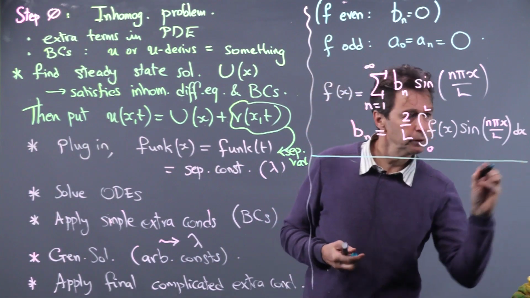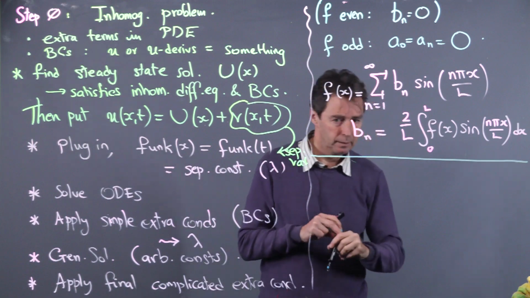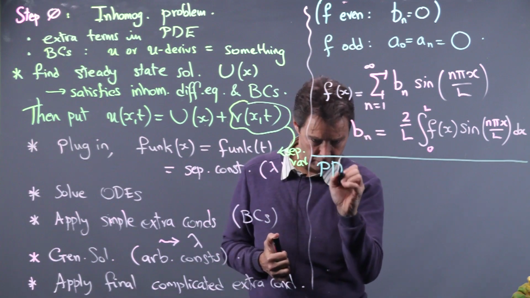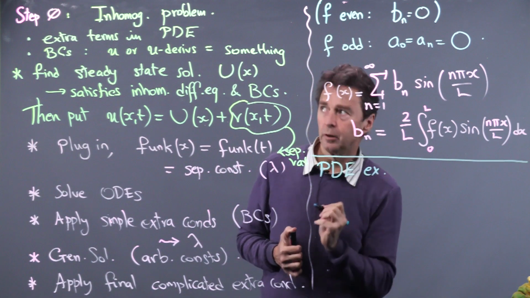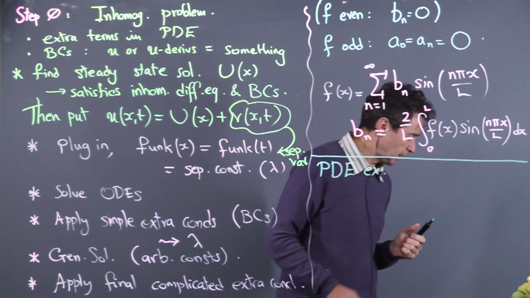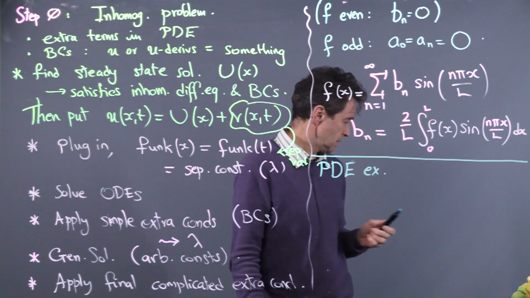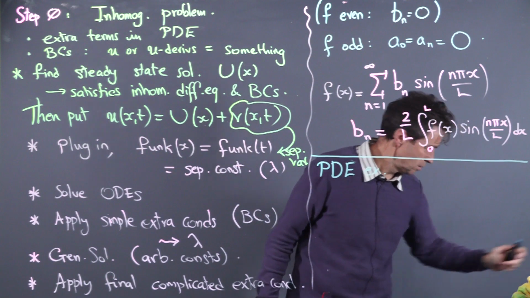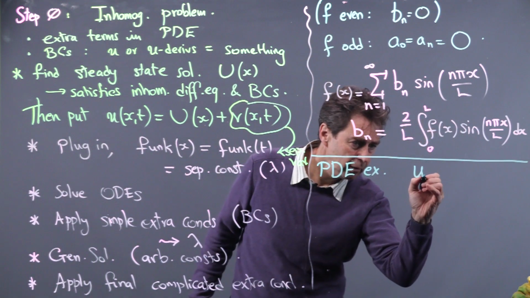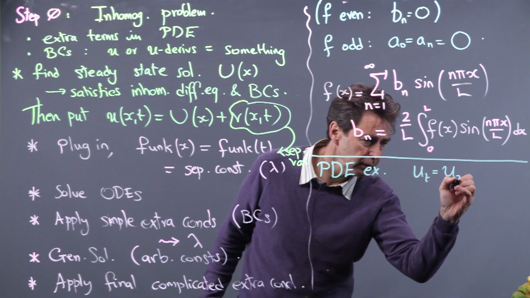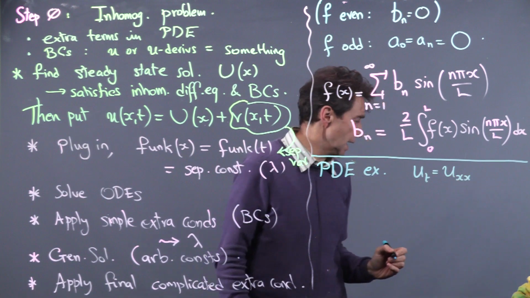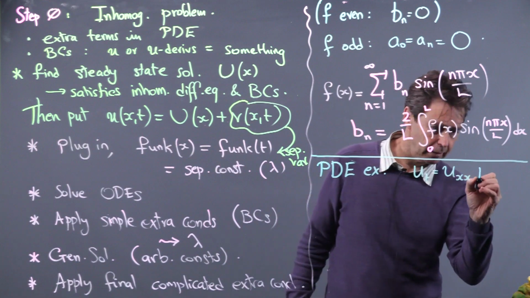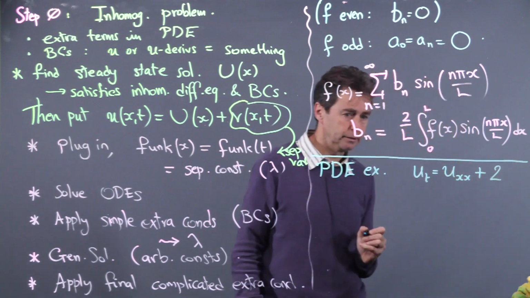Now let me quote to you the problem that I'd like to do. So the PDE example, it's going to be u_t is equal to u_xx, and that's homogeneous, but I'm going to make it inhomogeneous by adding a 2.